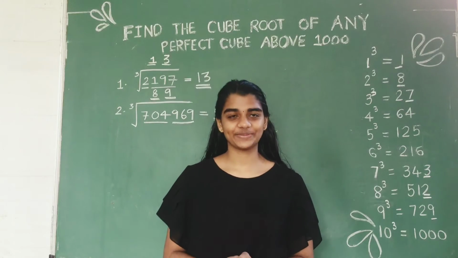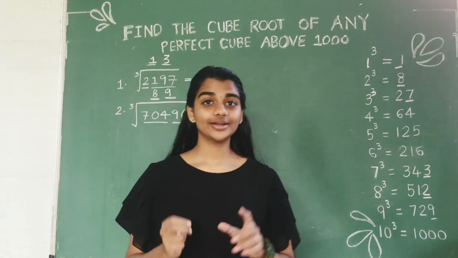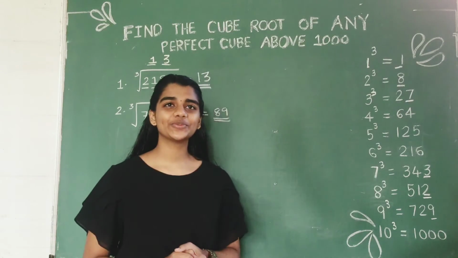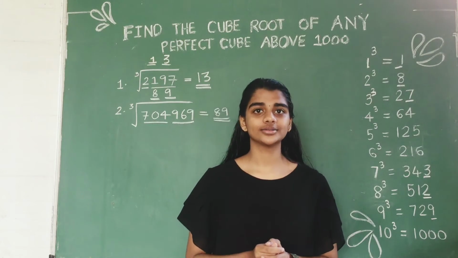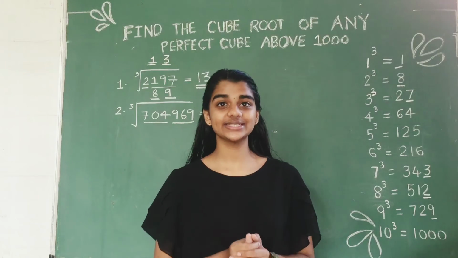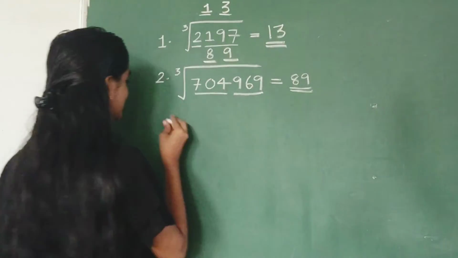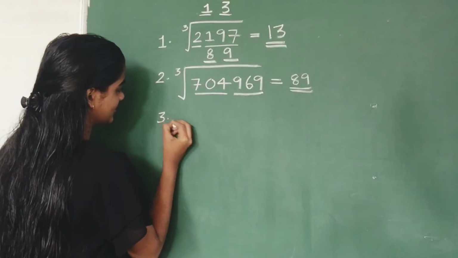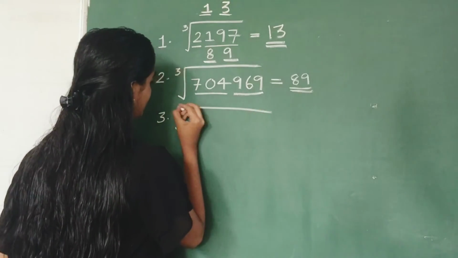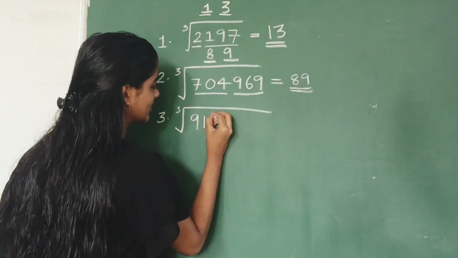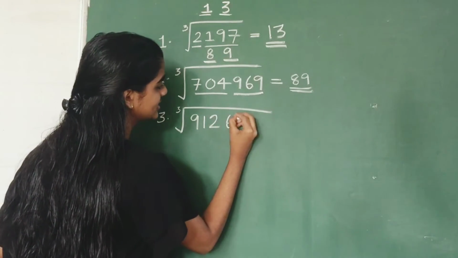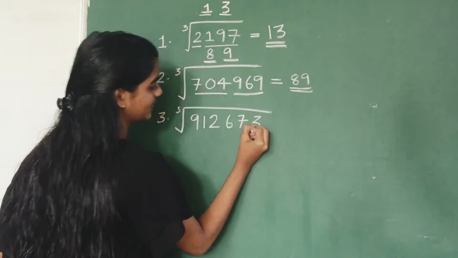And for the last example, a bigger number, okay? That would be like 9 lakh 12,673. So let's write it. The cube root of 9 lakh 12,673.